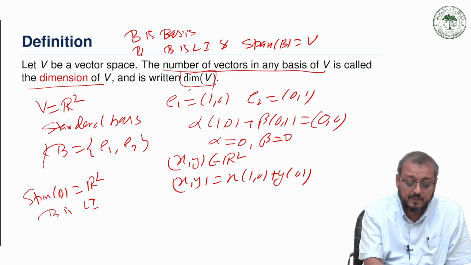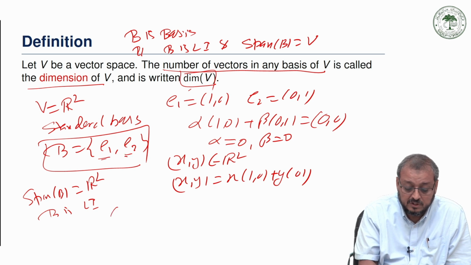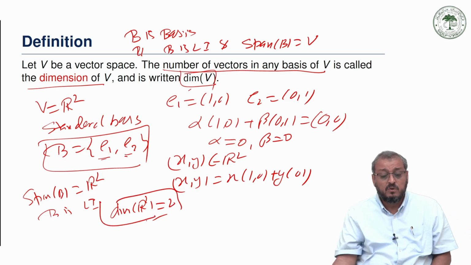So B forms a basis, and this basis has two elements, E1 and E2. This means we can say the dimension of R2 is equal to 2.